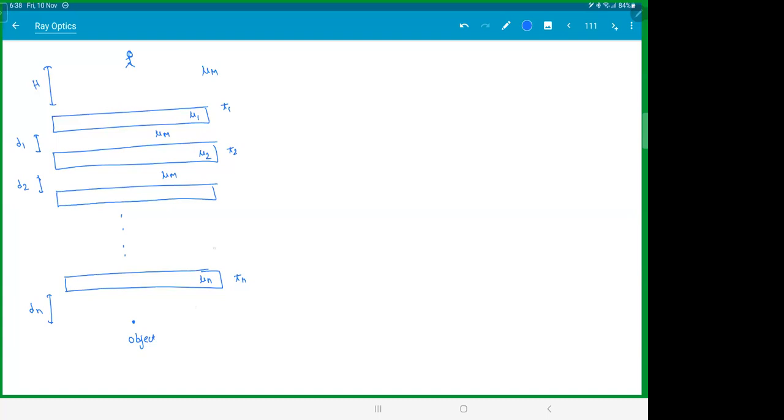You're getting? I am putting up a lot of things. Then the apparent depth formula will be h plus d1 plus d2 so on till dn.